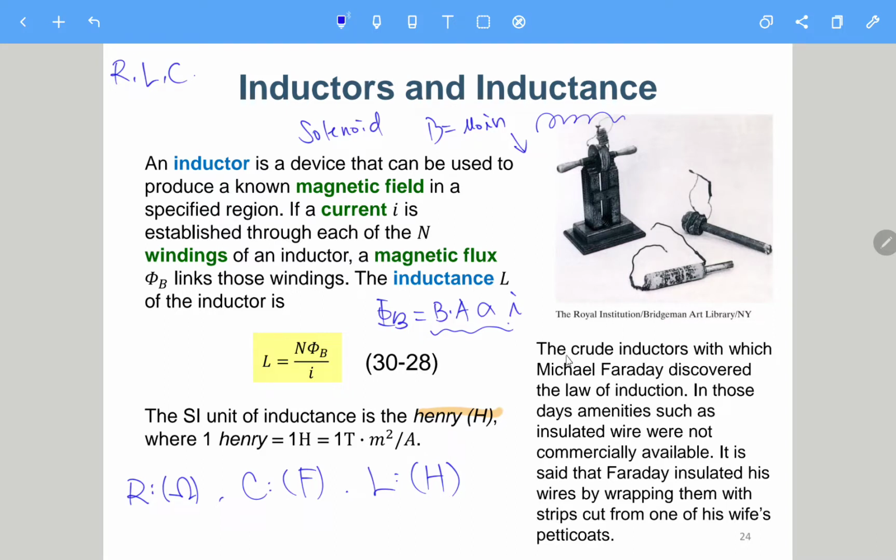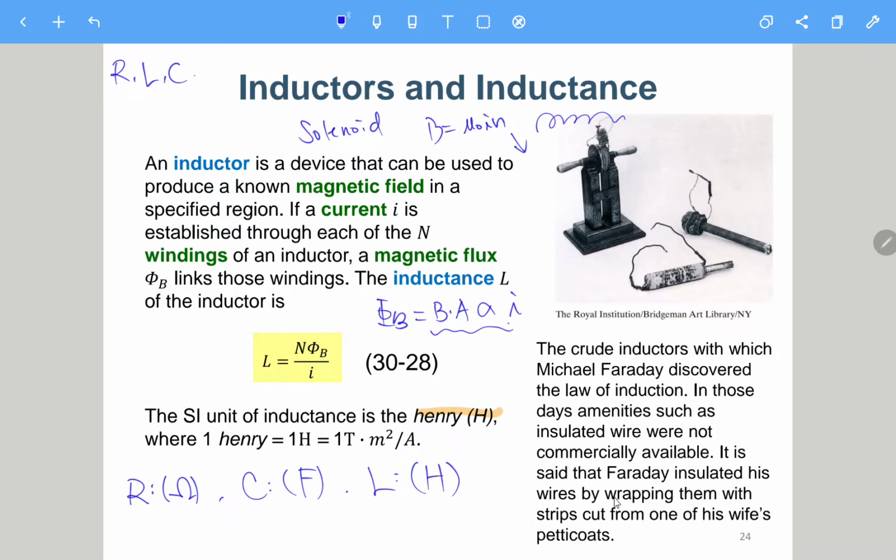Okay, so here it says the crude inductors with which Faraday discovered the law of induction. In those days, materials such as insulated wire were not commercially available, so he could not really buy insulated wire. He made it himself. It is said that Faraday insulated his wire by wrapping it with strips cut from one of his wife's petticoats.